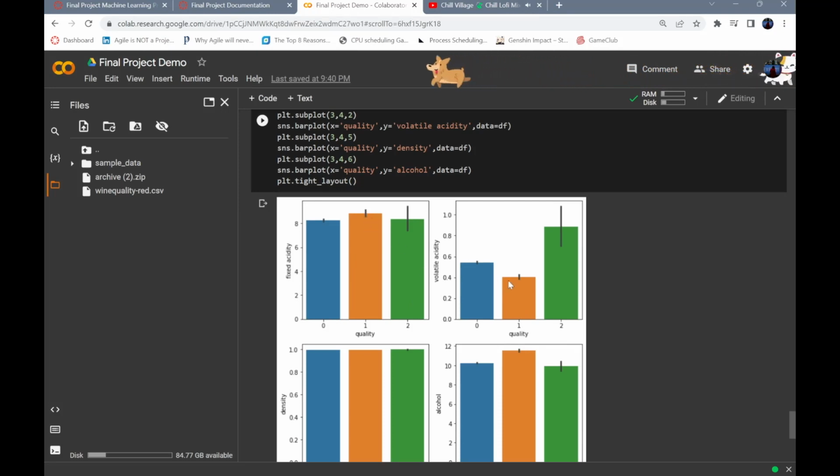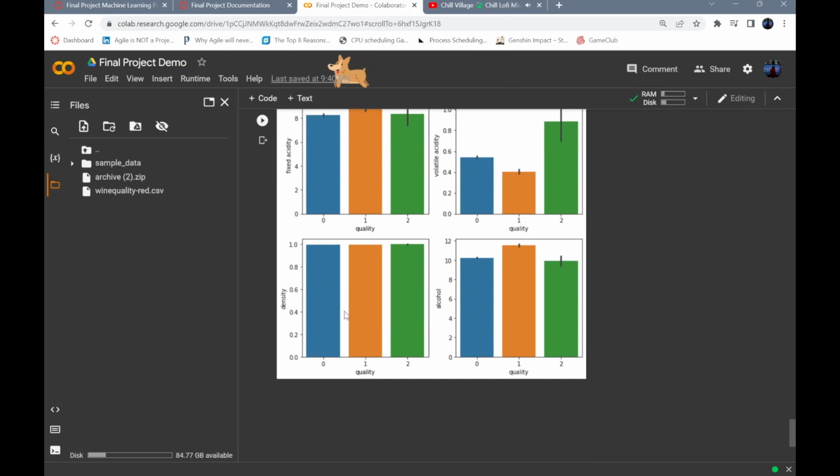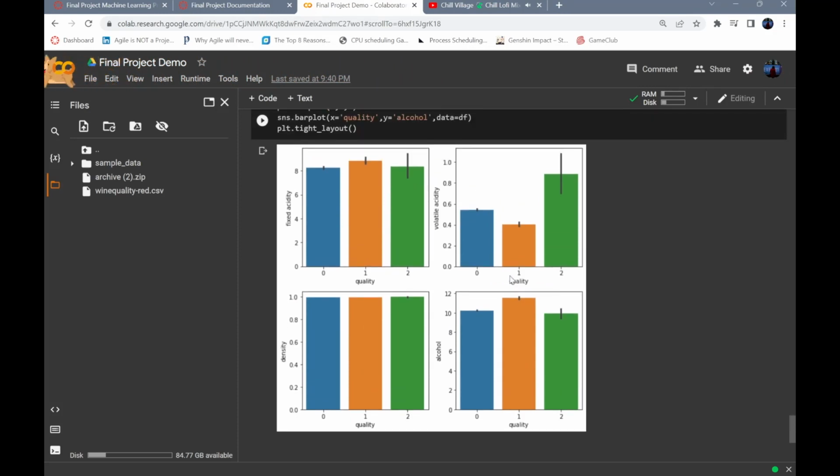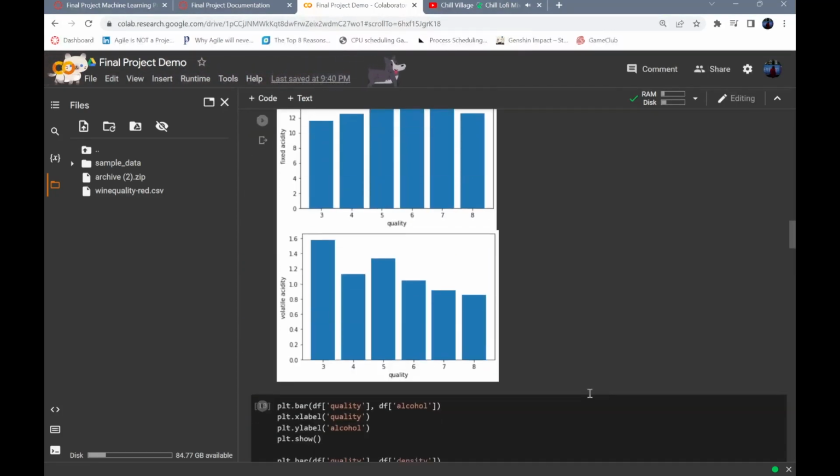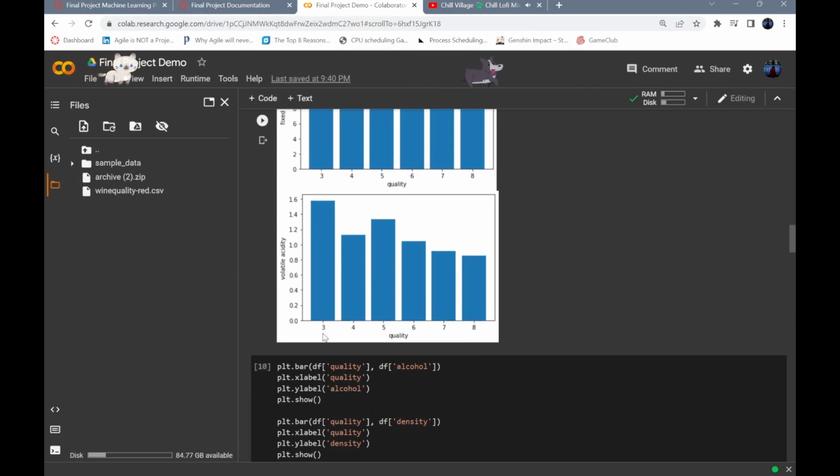Volatile acidity quality is good if it's lower. Density quality is great if it's higher or the same. And alcohol quality is great if it's high. So that's how you predict wine quality from bad to good, and the ratio of how many wines, from the third to eighth quality, the range of it.